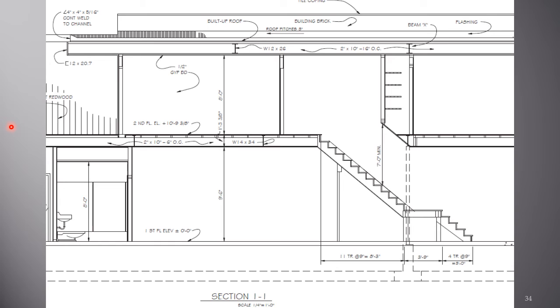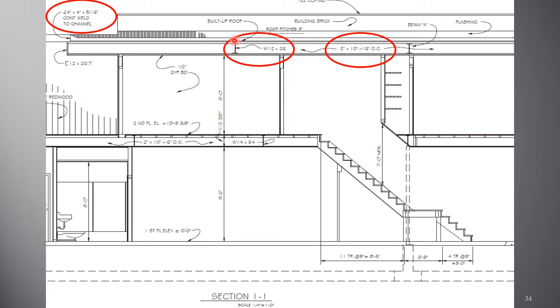Section 1-1, here's our channel again. We have an angle 4 inch by 4 inch by 5/16 inch continuously welded to the channel. I have 2x10s 16 inches on center.